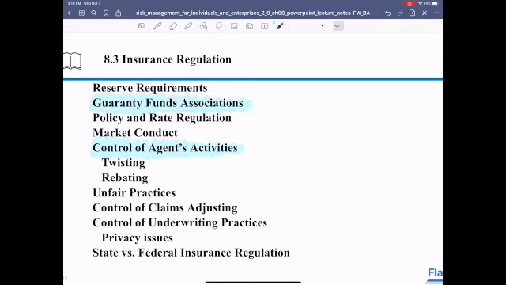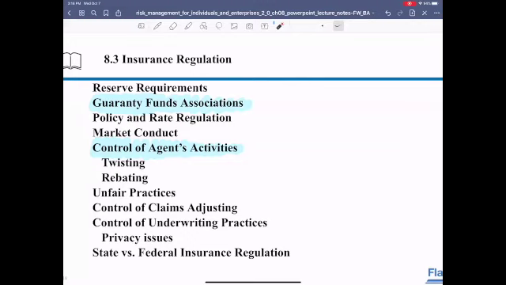If you want to sell your products inside that state, one of your expenses is to make a contribution to the state guarantee fund in proportion to the premiums that you write in that state. Then, if one of your competitors goes belly up, the guarantee fund will step in and help pay the claims of the insured that just got hosed because that company went belly up.